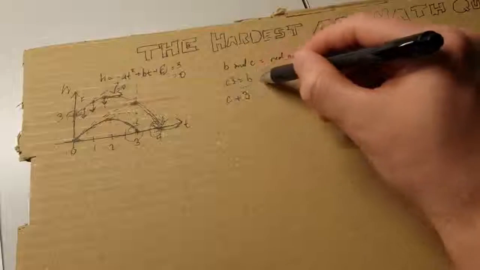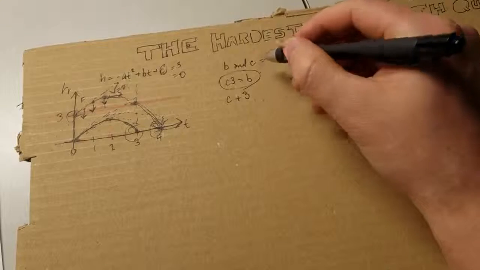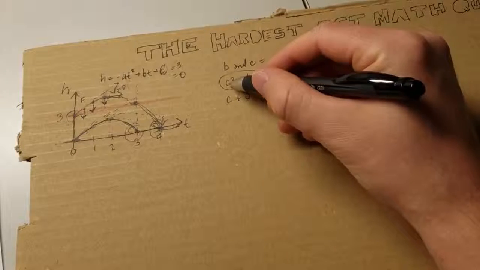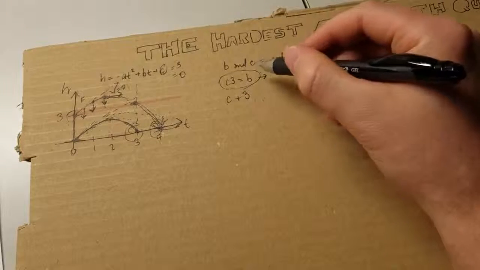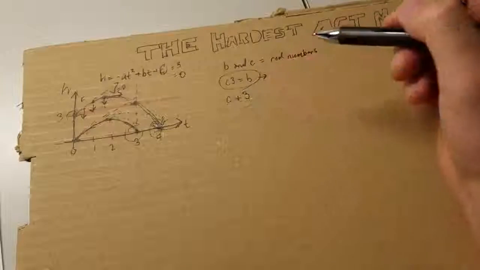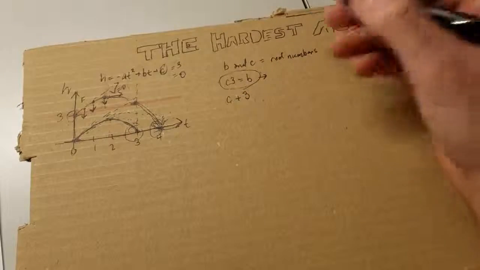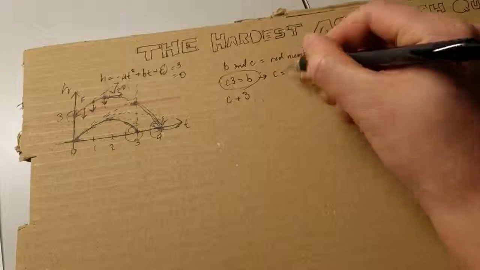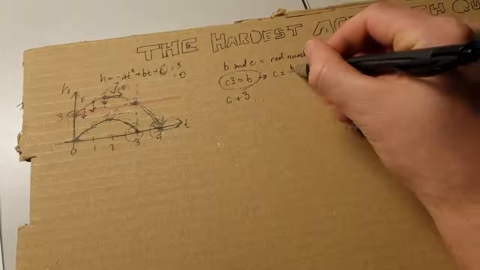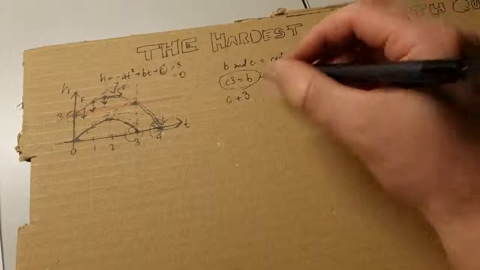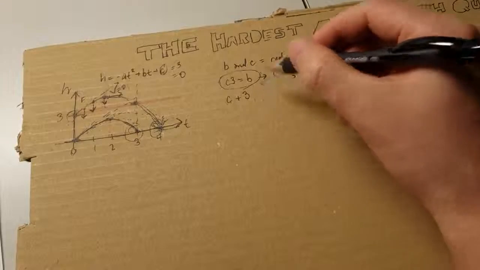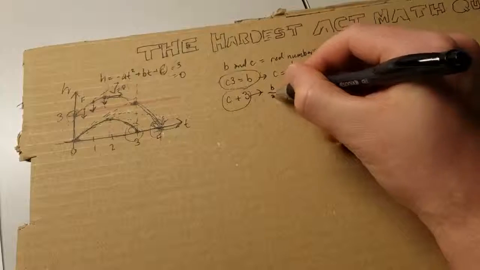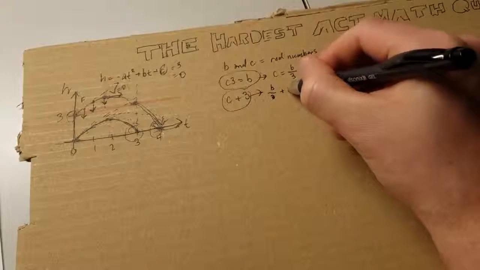So here you would take this equation and solve for c. Once we know what c equals, we can simply substitute that into this variable right here. c should just equal b divided by 3. And then this becomes b divided by 3 plus 3.